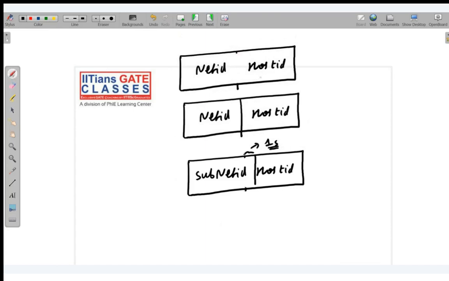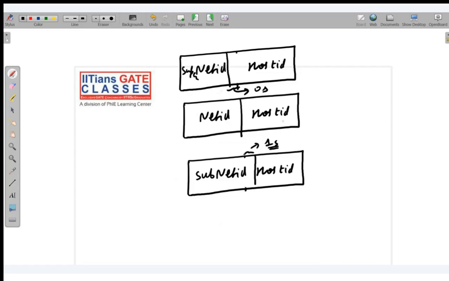In subnetting, we decreased the host ID part because we wanted fewer hosts. But now we want more hosts, so we will increase this host ID part. Here we put all zeros, and now it will become the supernet ID. Don't worry, I will explain all the points.